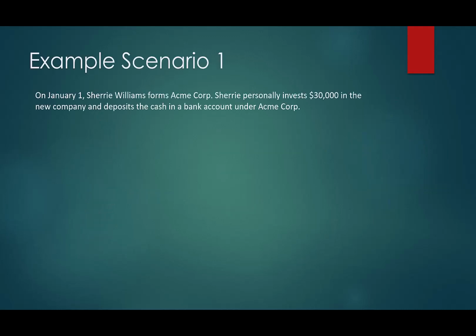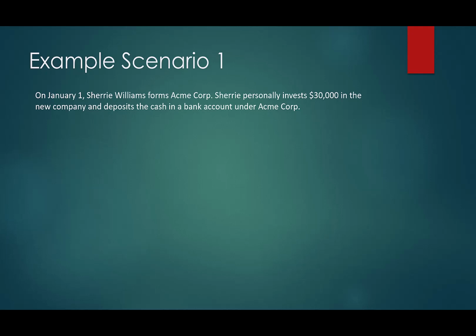So we saw this scenario in last week's lecture. On January 1st, we've got Sherry Williams, who forms Acme Corp as the owner. She personally invests $30,000 of her own money into the company and deposits that cash in a bank account under Acme Corp. And again, the first thing we want to do is break down the scenario and identify what accounts were impacted.